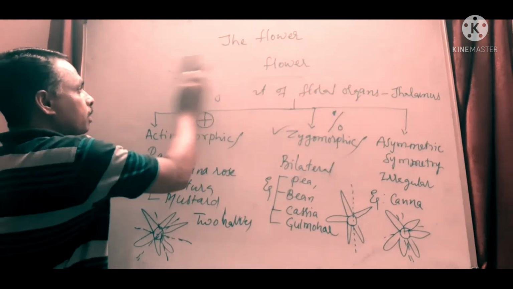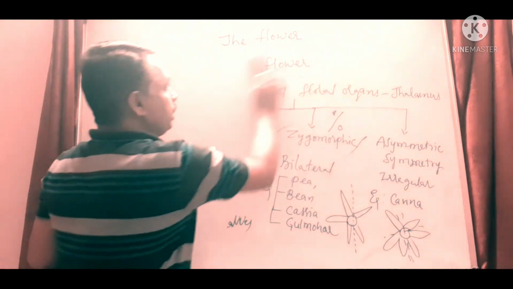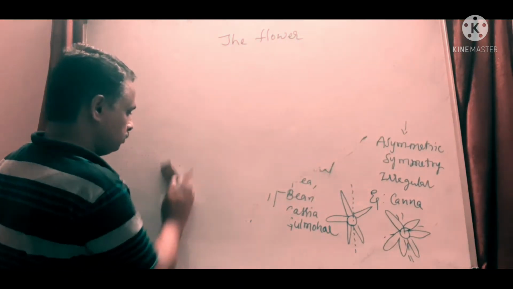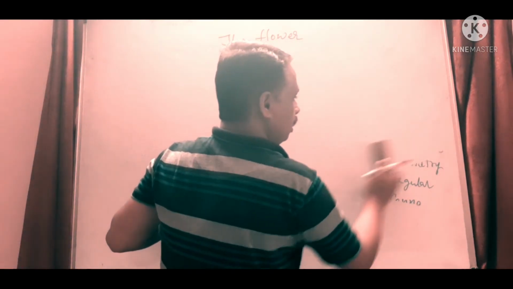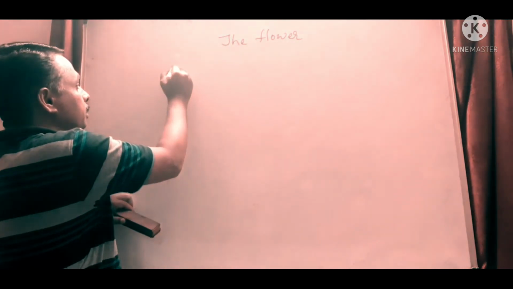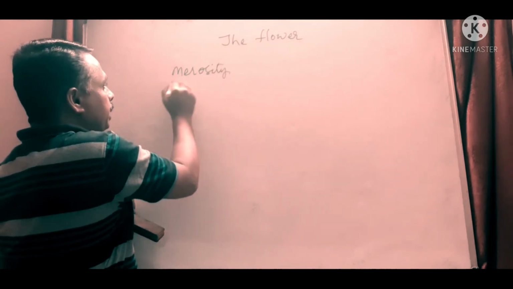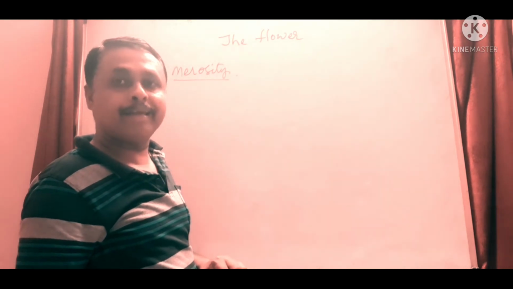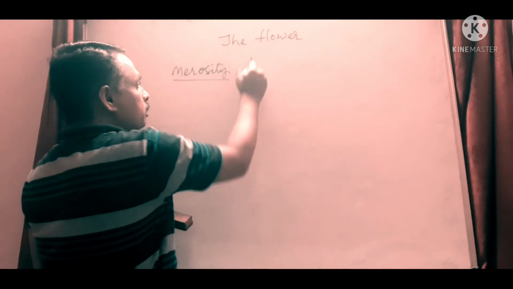The next, we are going to talk about meracity of a flower. What is meracity? Meracity is the number of members of either calyx or corolla over the thalamus.